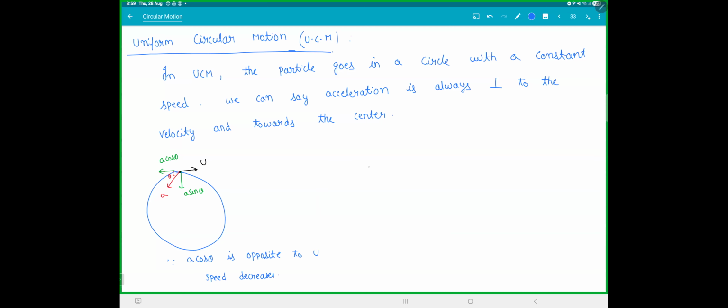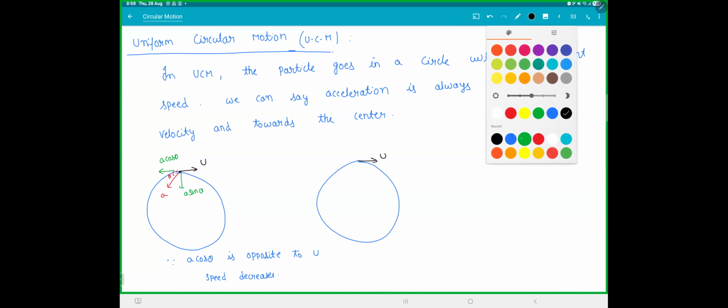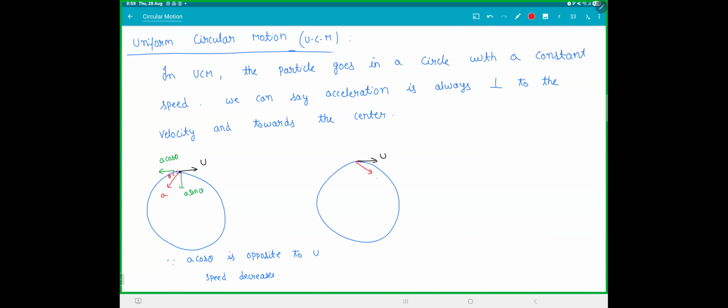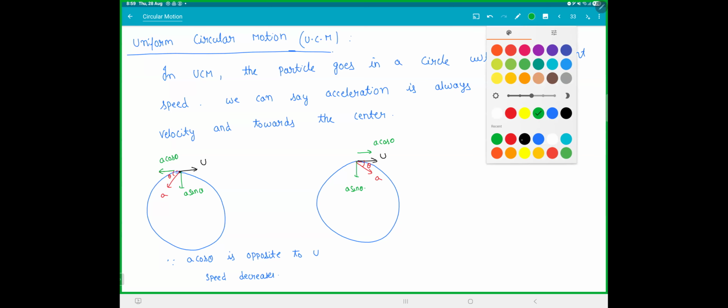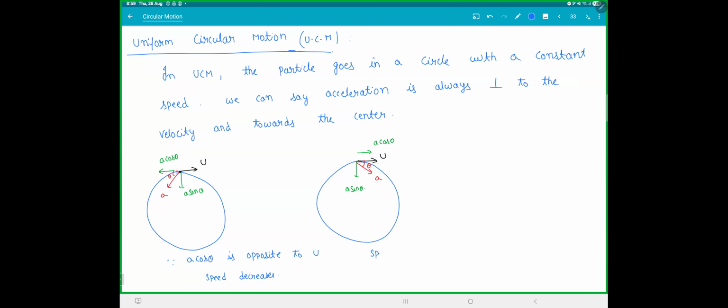The second possibility: let's say you're going with speed u, and the acceleration is making an acute angle theta. This time, if you look at the components, again we will have a cos theta in the direction of velocity and a sin theta. In this case, speed will increase. But you said speed is constant.